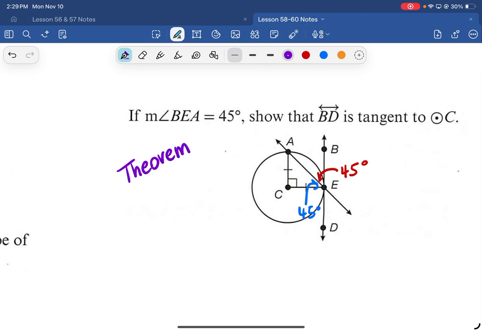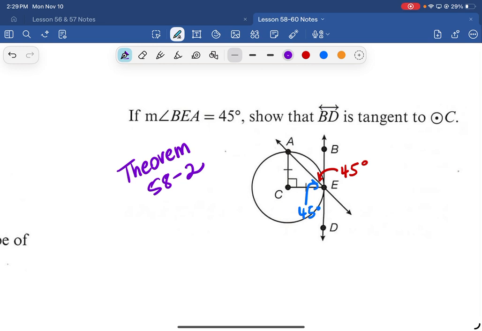Which theorem says if we start off with the right angle, we can prove the line is tangent, as opposed to being told that the line is tangent and assuming the perpendicular 90-degree angle? 581. Not 581. 581 says that they're telling you it's tangent. 582. Yes. Theorem 58-2.